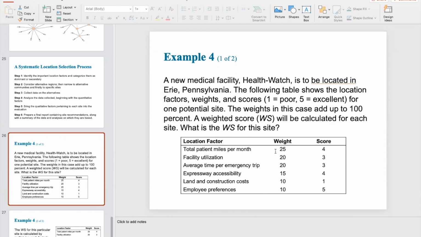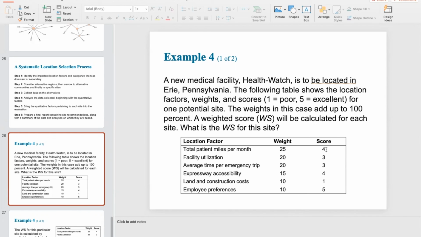For example, we put 25% on total patient miles per month, which is higher than the 20% weight for facility utilization. So that's why, if you add them all up within this weight column, the final result should be 100, which represents 100%. The total has to be 100%.